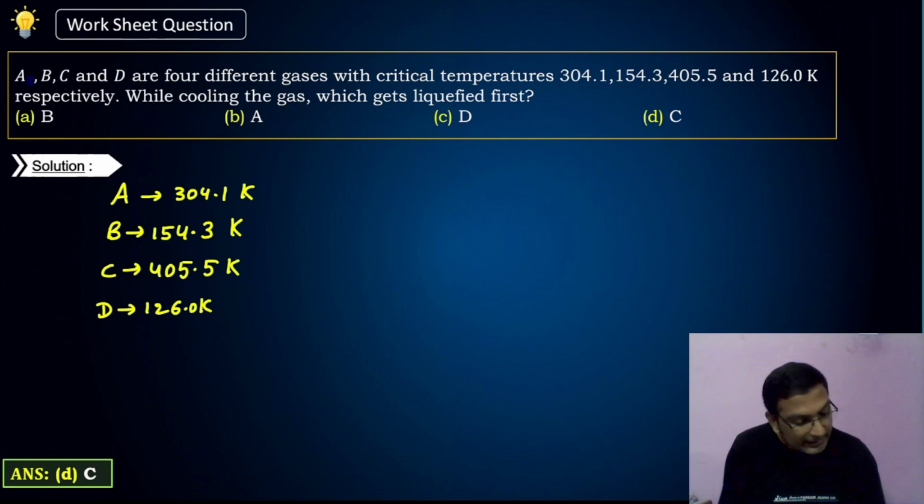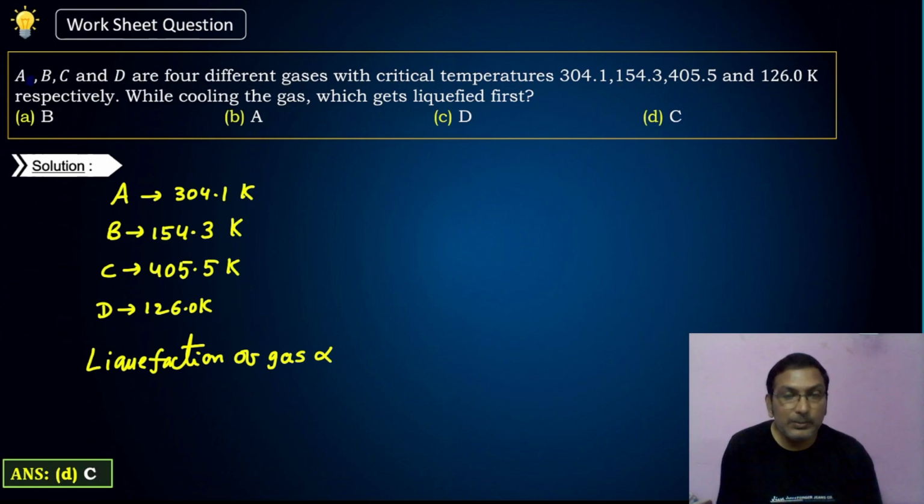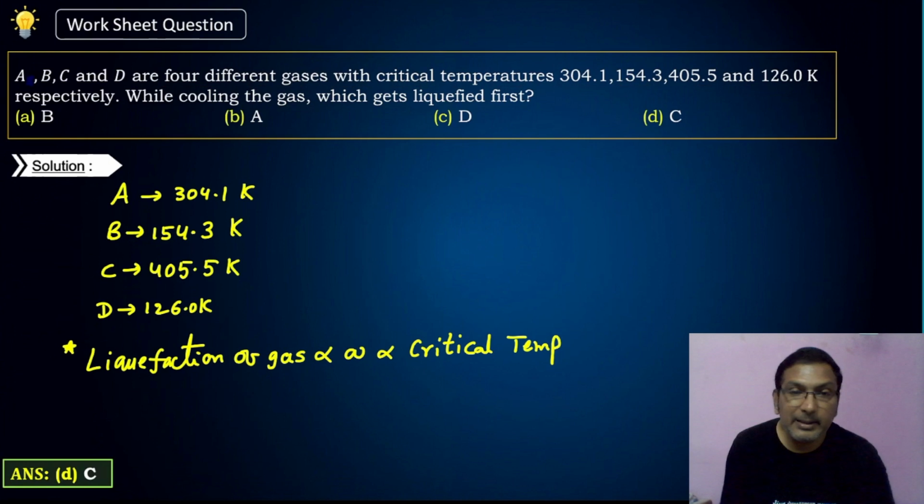So as the critical temperature means, I will write here, liquefaction of gas directly proportional to A, which is van der Waals constant, that is directly proportional to critical temperature. So simply, as the critical temperature increases, van der Waals constant A increases.